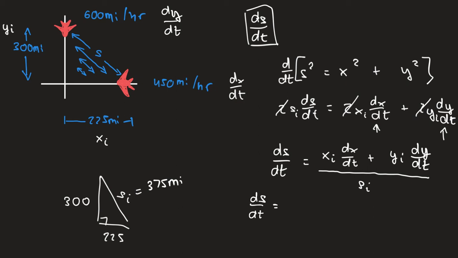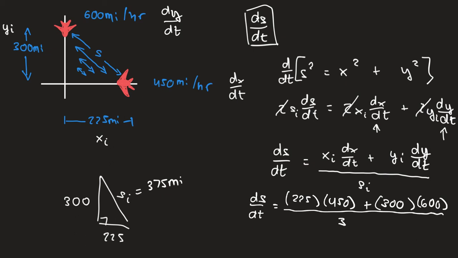Now let's plug in the values for ds over dt. We have 225 miles times 450 miles per hour plus 300 miles times 600 miles per hour, all of that divided by s initial, which is 375 miles.